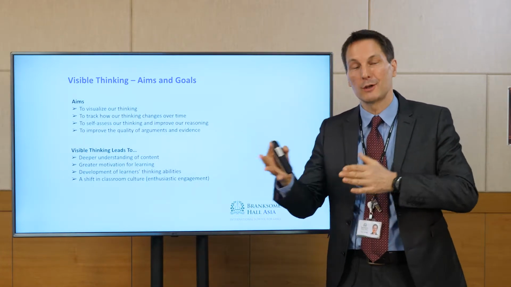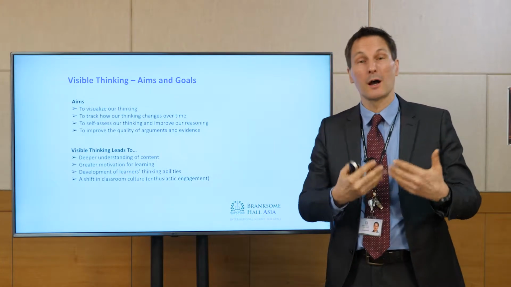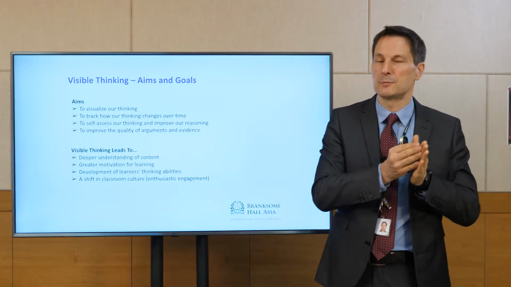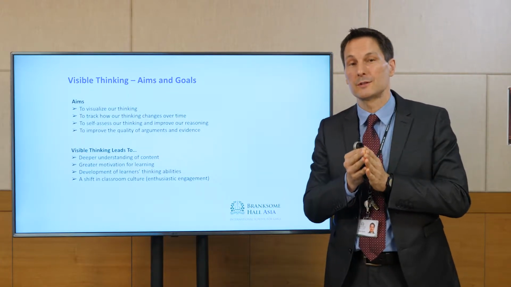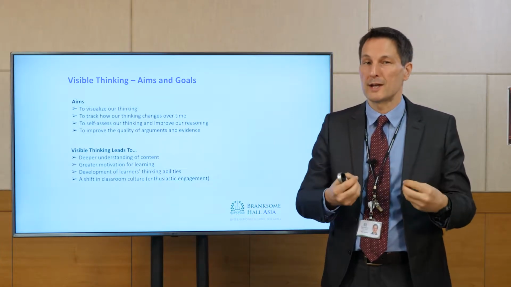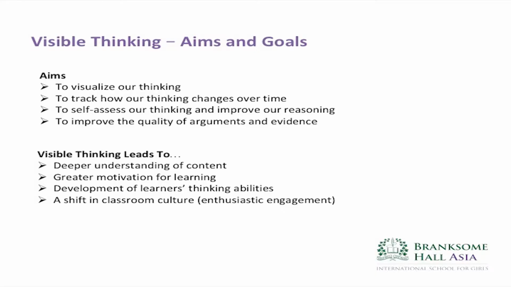And then over time they can go back and look and see what that looks like and say, so I had that assumption three weeks ago, then I had this extra bit of information, now I think differently. And it's a very powerful way to get students to track and trace the progress of their thinking. It's also designed to self-assess our thinking and to improve our reasoning.